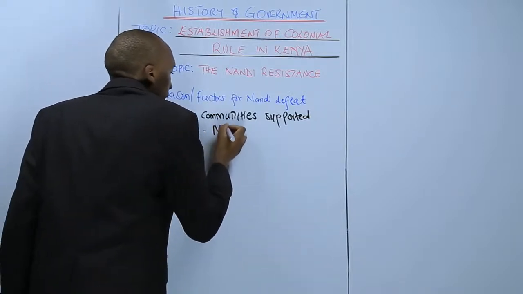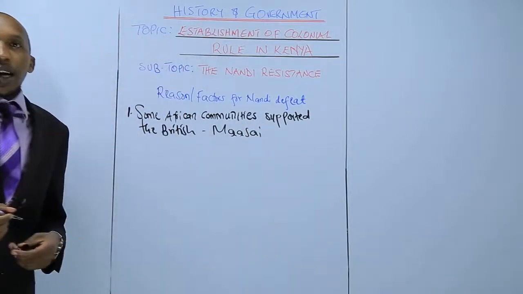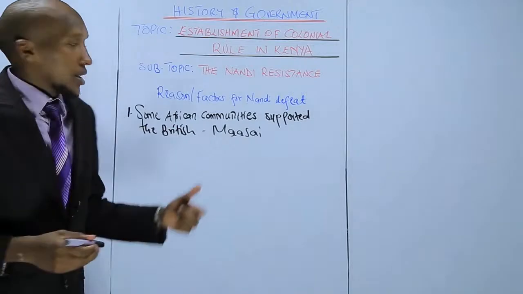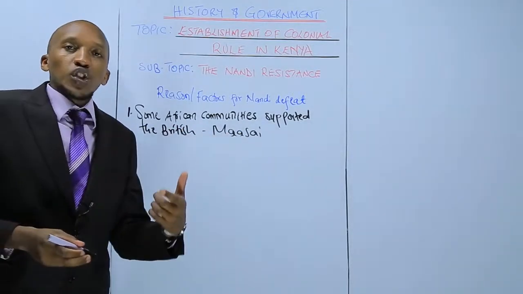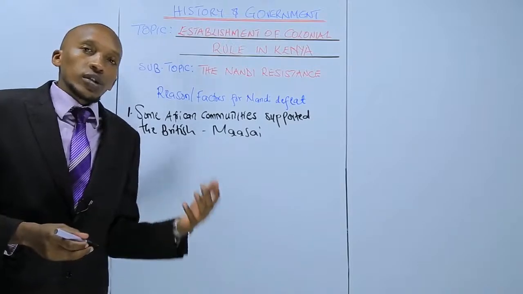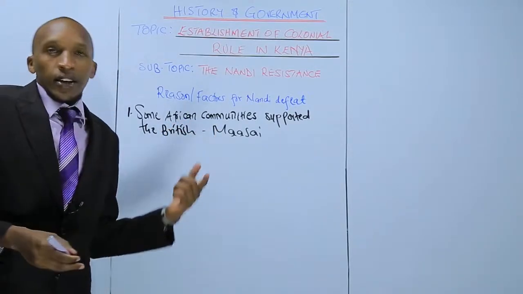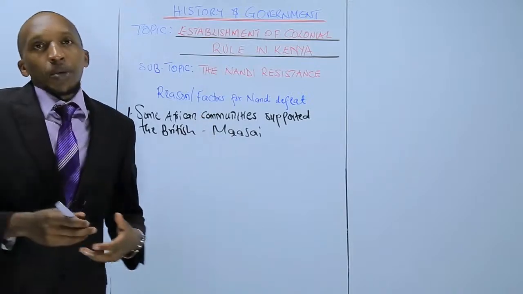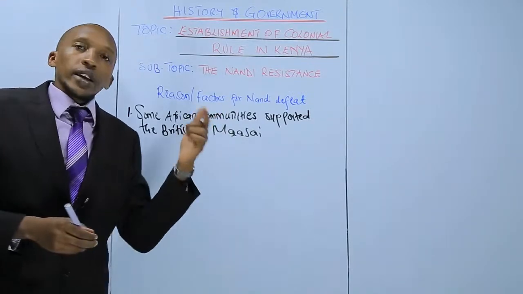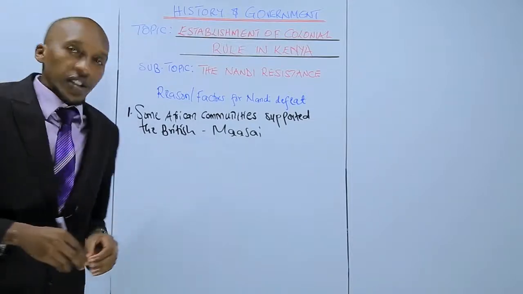An example are the Maasai that were conscripted by the British, and they helped the British to fight against the Nandi. Remember, the Maasai were traditional rivals of the Nandi. The Nandi constantly raided the Maasai community. So with that hatred, the Maasai joined up together with the British to fight against the Nandi. So that contributed to the Nandi being defeated.